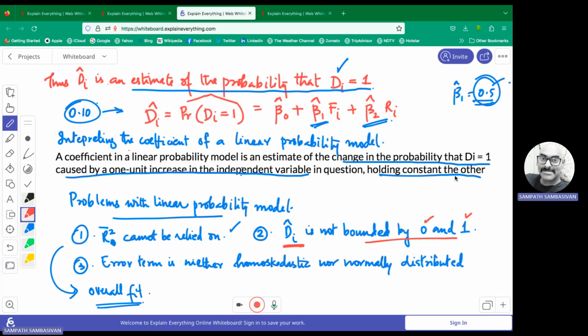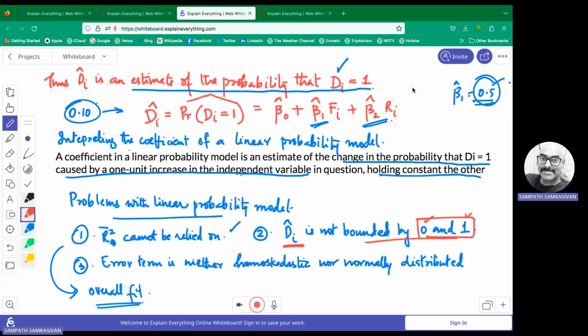And if the value is equal to 1, then it means that the event is going to happen with all certainty. There is a 100% chance, which is very unlikely and unreasonable to have as an estimate. Here the problem is not just that it is not within 0 and 1; sometimes it might be somewhere beyond this.